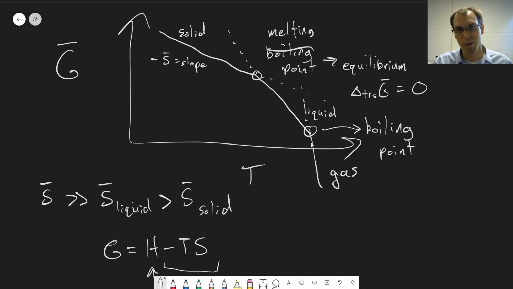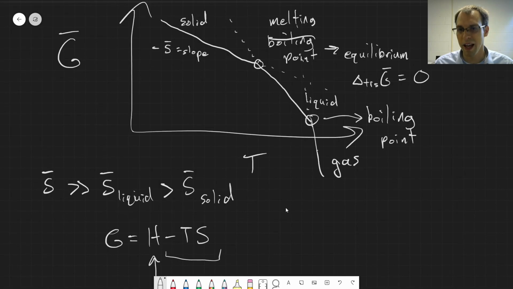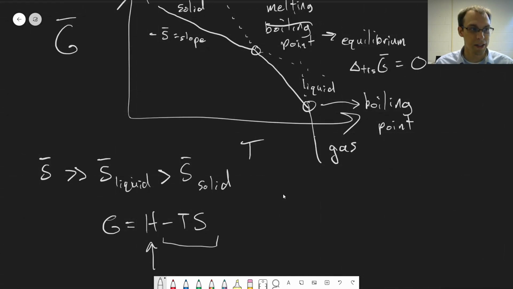We may go straight from solid to gas if we have a sublimation. In that case, the solid and gas will intersect before the liquid even becomes relevant. But that's looking at G as a function of temperature. In the next video, we'll look at how we have trends in pressure and what affects that.